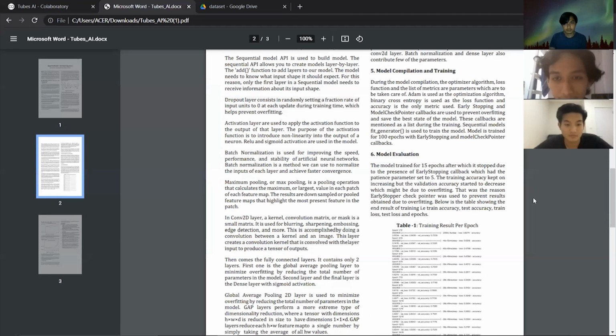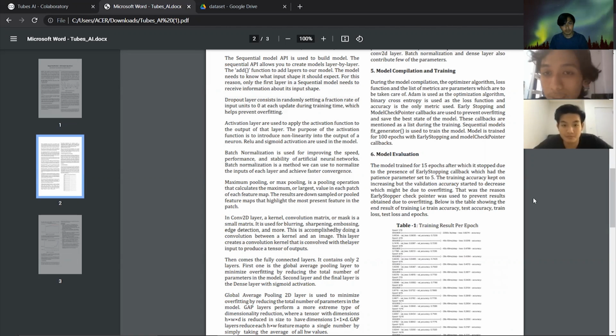Now, the fifth is modeling, compilation and training. During the model compilation, the optimization algorithm, loss function, and the list of metrics are parameters which are to be taken care of. Adam is used as the optimization algorithm. Binary cross entropy is used as the loss function, and accuracy is the only metric used.